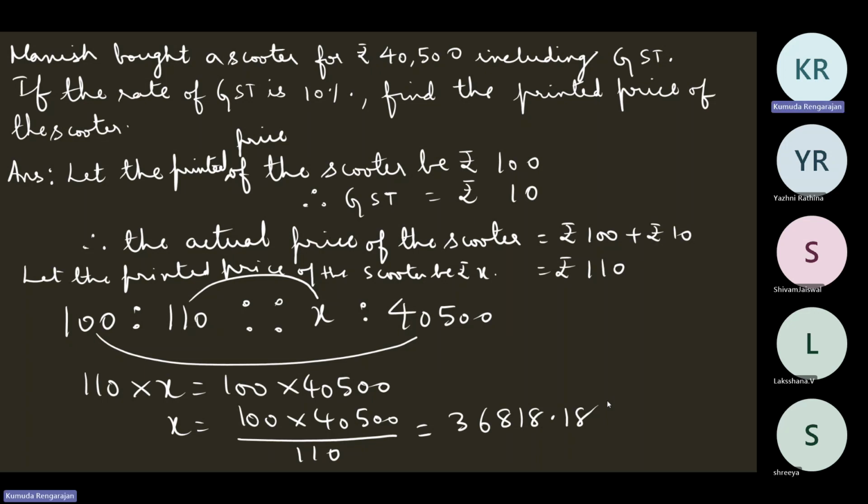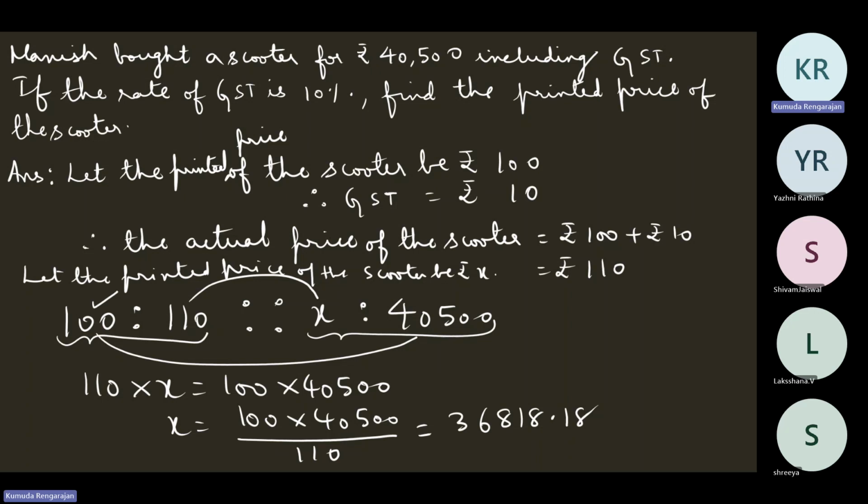Now, in reality, the cost of the scooter with the GST is 4,500. Then what is it without the GST is what we have to find. So without GST, we have assumed it to be X. These are the actuals.